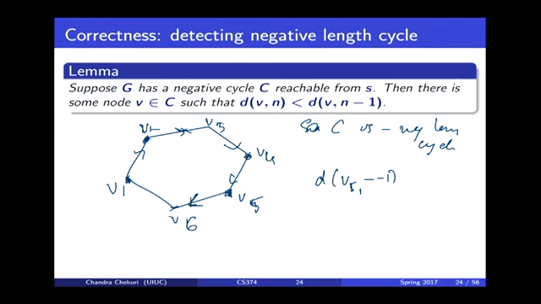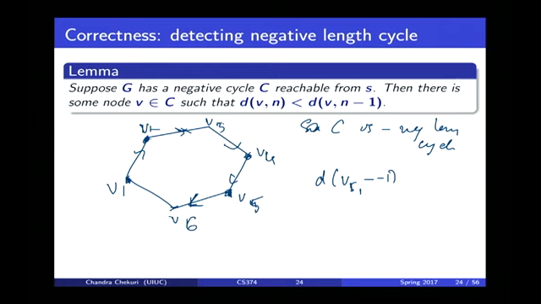I'm going to assume there's a negative length cycle and that nobody's distance in the last iteration changed. Then I'll get a contradiction. If I get a contradiction, I'm happy. I'll hand wave because of this pen issue. So if these guys' distance did not change in the last iteration, why is that the case?